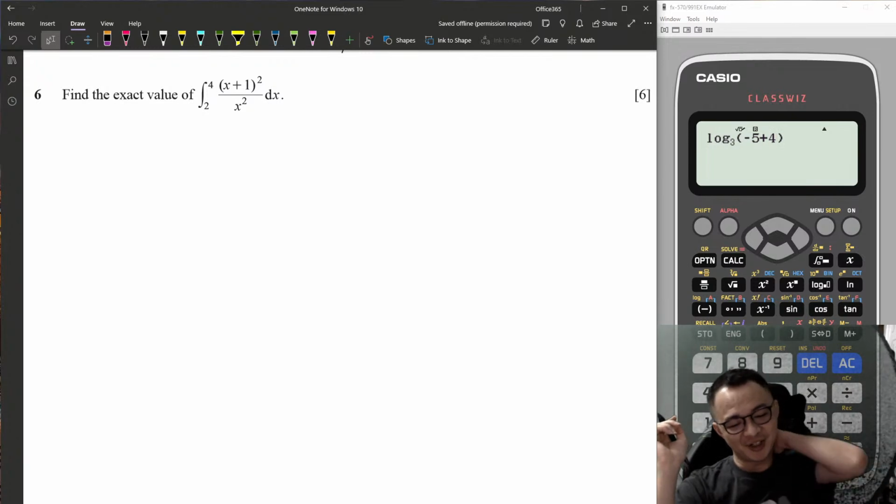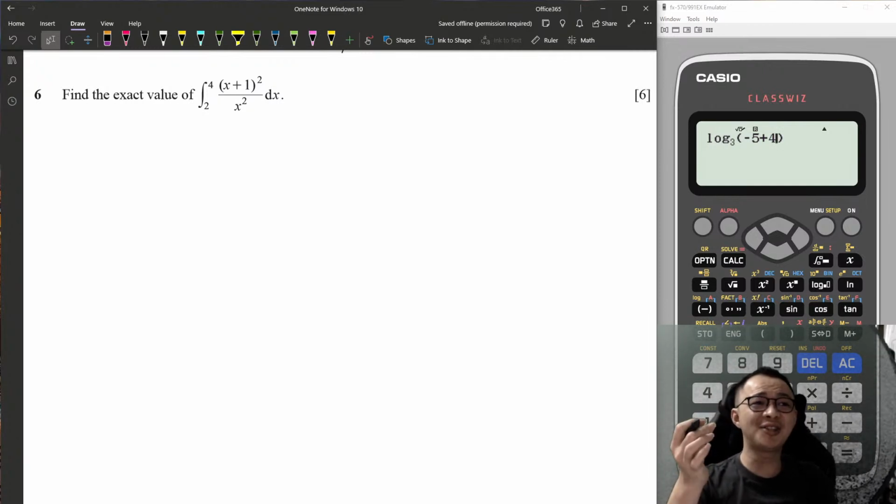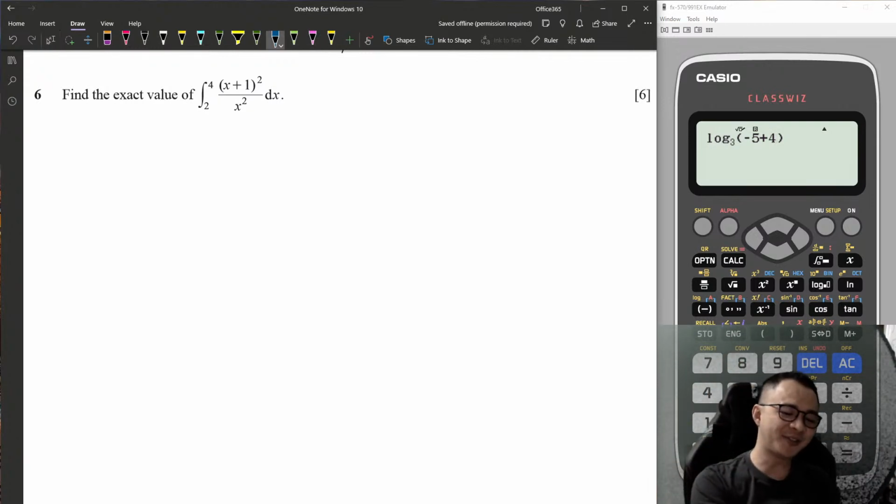6 marks, integration. Okay, like I say, at your level, the integration you shouldn't do when numerator and denominator both have x. You take this fraction, top has x, bottom also has x. So therefore, we cannot straight away do it, we need to simplify it first. So x plus 1 squared is x squared plus 2x plus 1, divided by x squared.